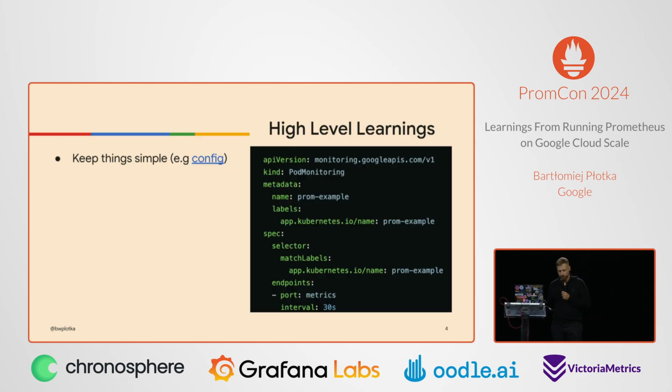First of all, it was super useful to keep things simple. It was a difficult decision: should we support Prometheus operator CRDs or create our own? We had to create our own because we cannot support service monitors in an architecture with daemon sets, and this is due to Kubernetes API scalability. So we only have pod monitorings, but in turn, that works just fine and it's good enough for the majority of use cases.